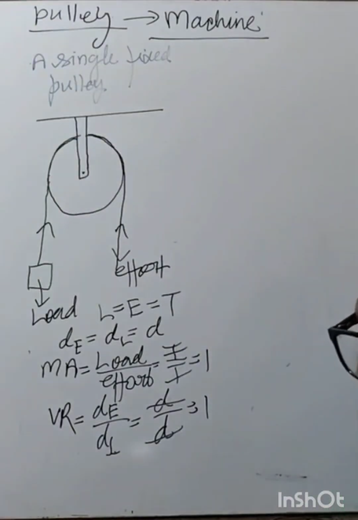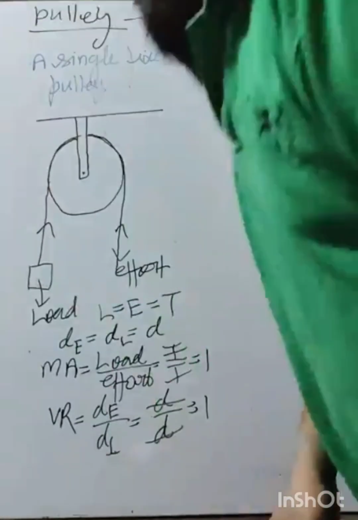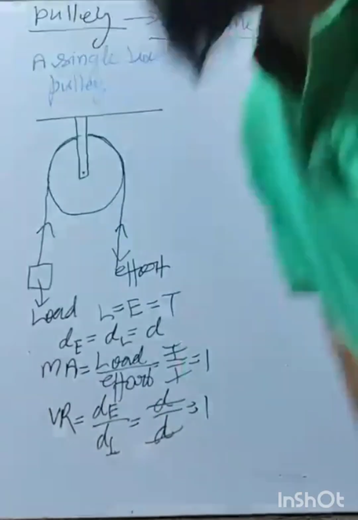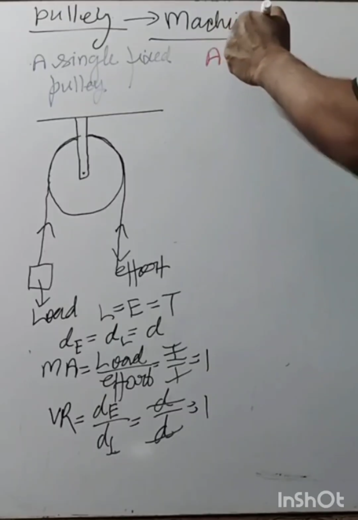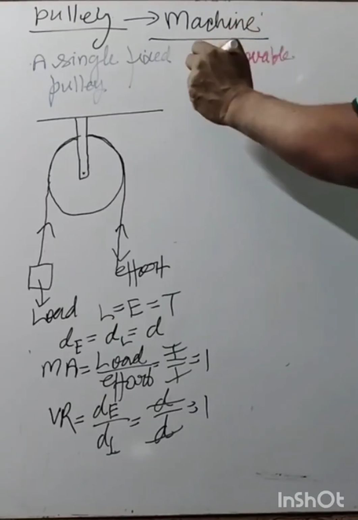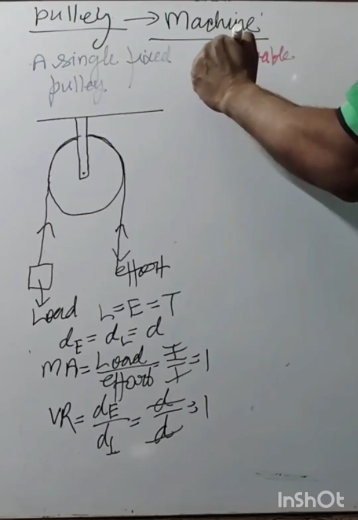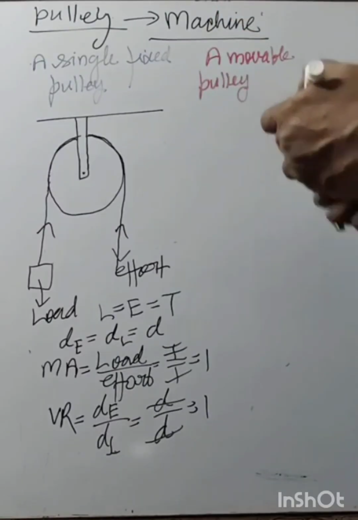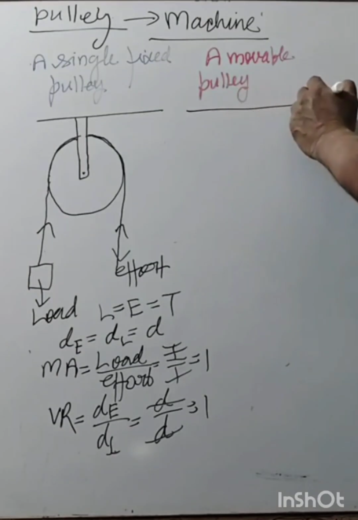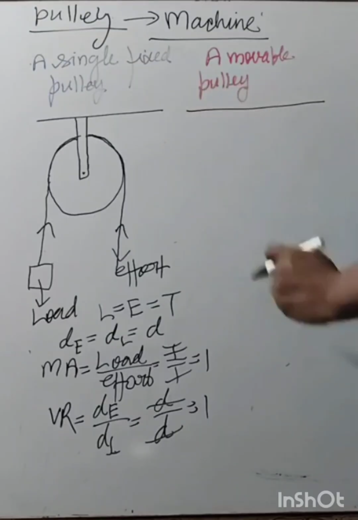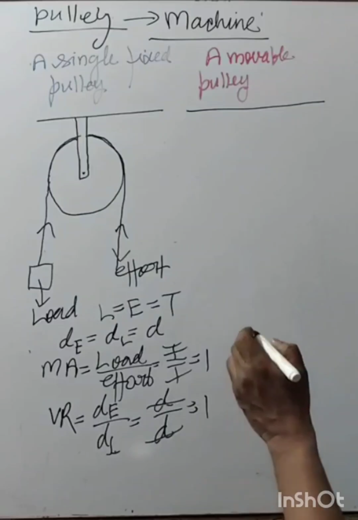Now we have a movable pulley. We have a movable pulley, in that what happens, there it is.